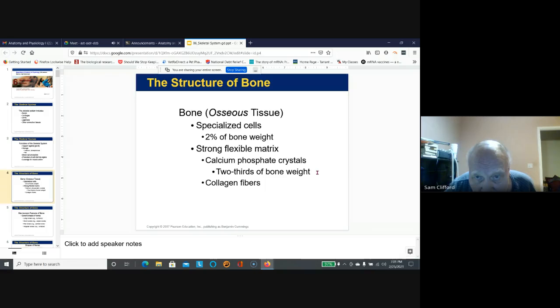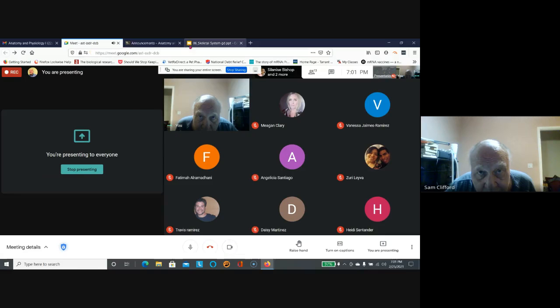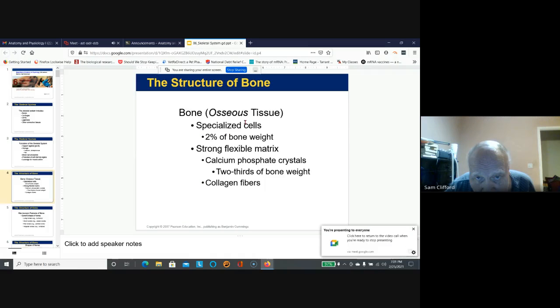Bone tissue is made up of specialized cells, which we'll mention, osteocytes. It's a strong, flexible matrix. So the specialized cells are osteocytes. There are collagen fibers and there's calcium phosphate.